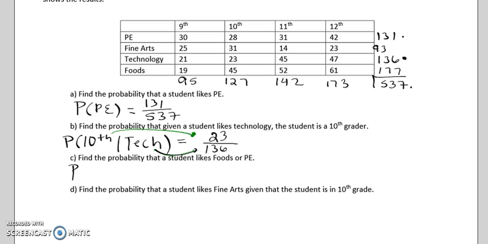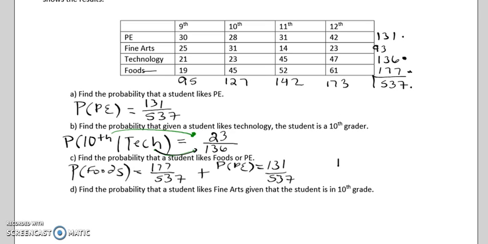So we're going to find the probability you like foods, which is how many people like foods? 177 out of 537, plus the probability you like PE, which is equal to 131 over 537.